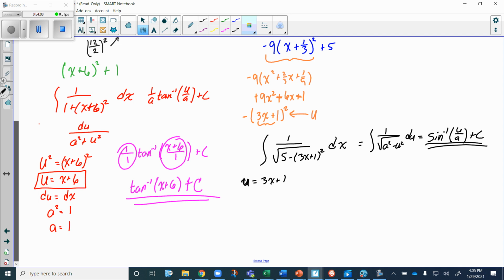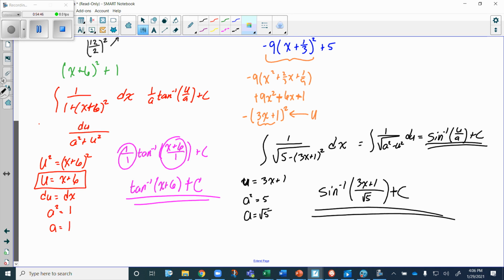So we want to identify the u value and the a value. In this case, a squared is going to be 5, so a itself is the square root of 5. Now we can substitute those values into the rule, and this will be inverse sine of u, which is 3x plus 1, over radical 5 plus a constant of integration, and there we go with that one.